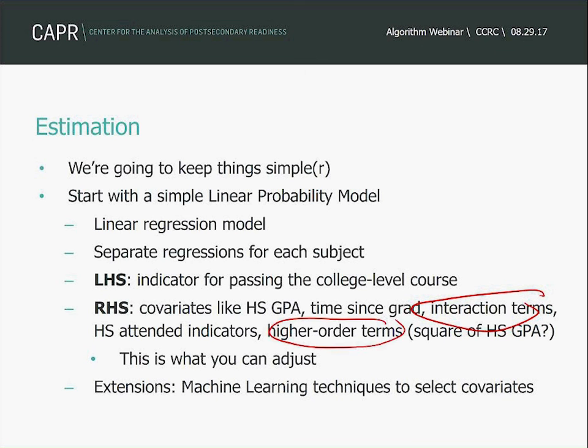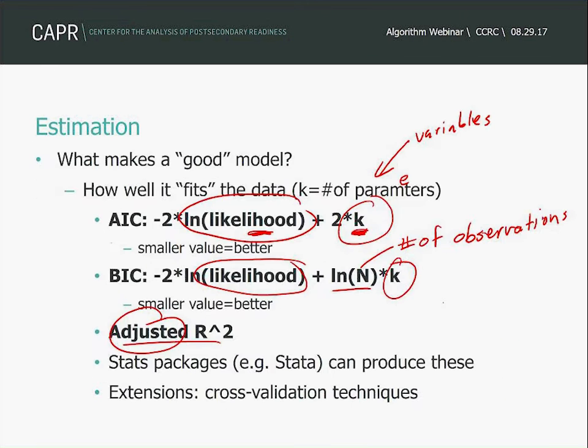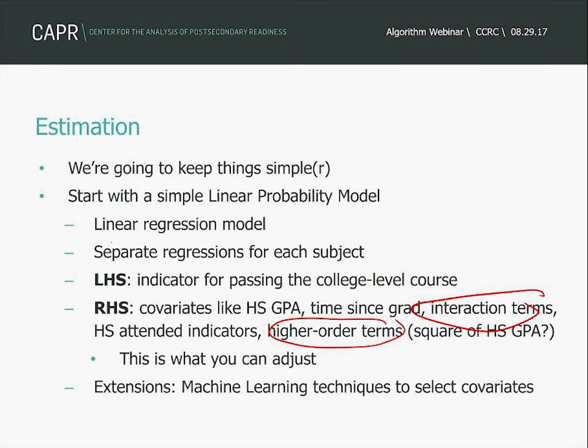So what's higher order mean? That's just a fancy way for saying we're adding the square of a term or the cubic of a term. So maybe we want to look at high school GPA squared, high school GPA cubed, that sort of thing. All of these are terms you can add in or subtract and see if that helps fit the data better based on these criteria I just discussed here, the AIC and BIC.